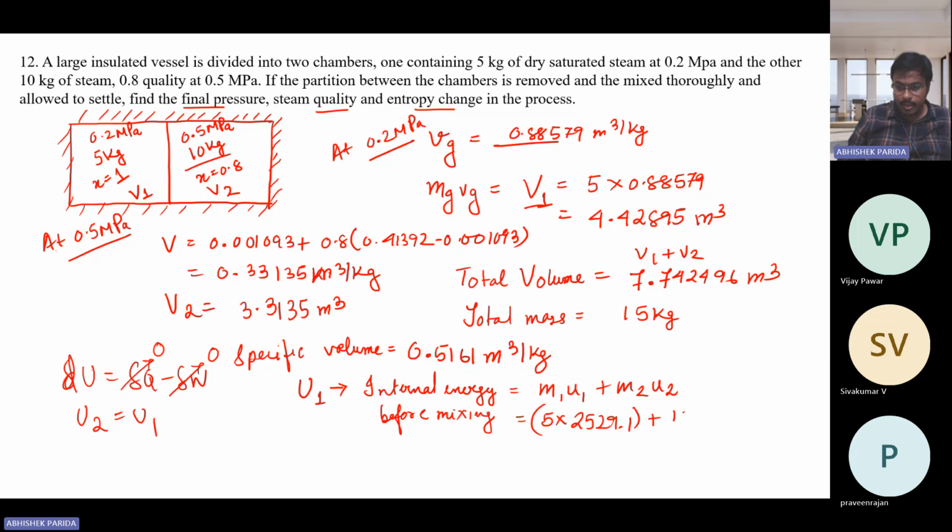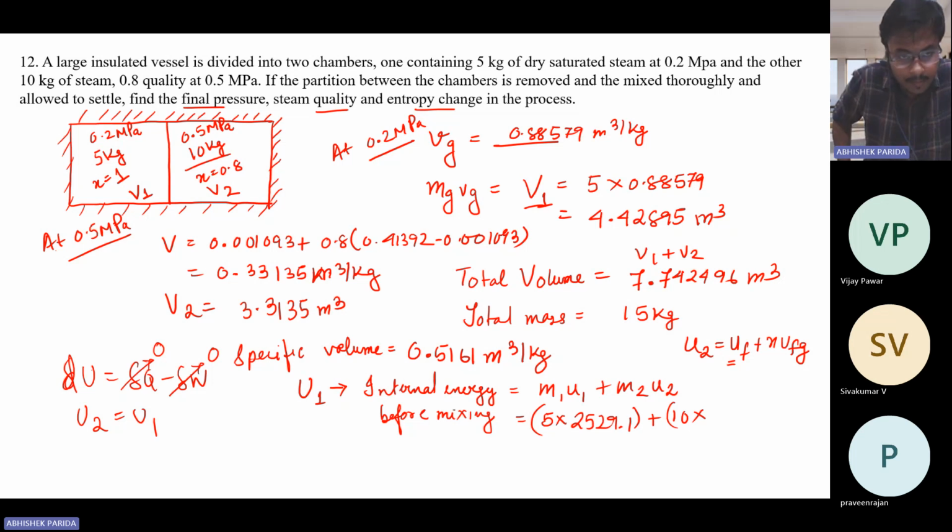Plus M2, 10 into U2. Calculate U2: U2 you can calculate as Uf plus x Ufg at 500 kilopascal. This is a lengthy question, so try to calculate this one.